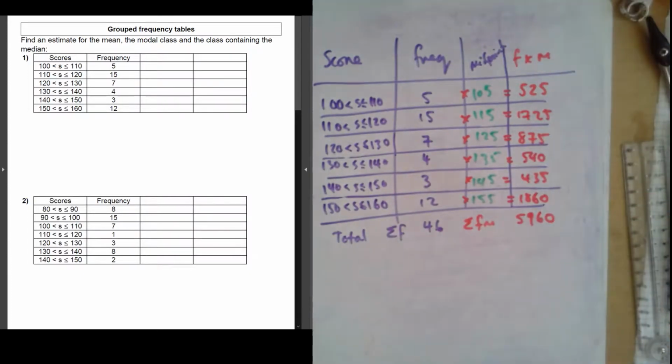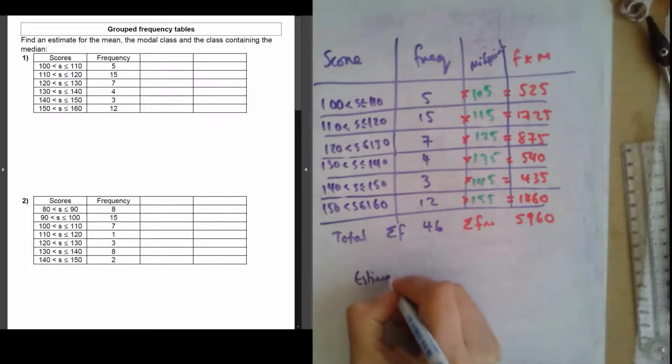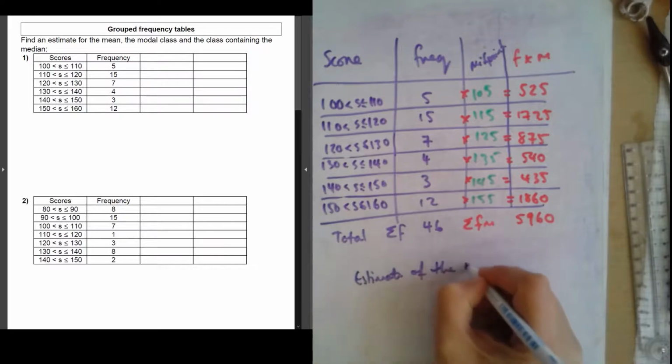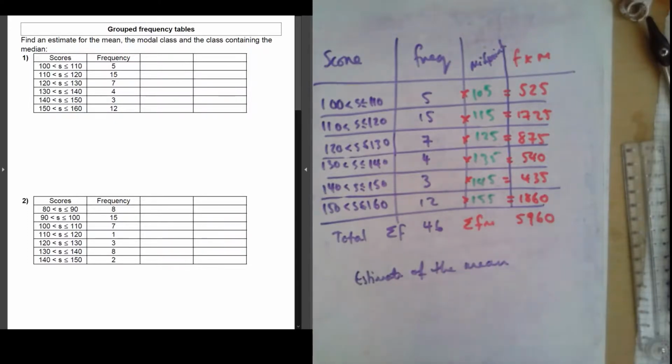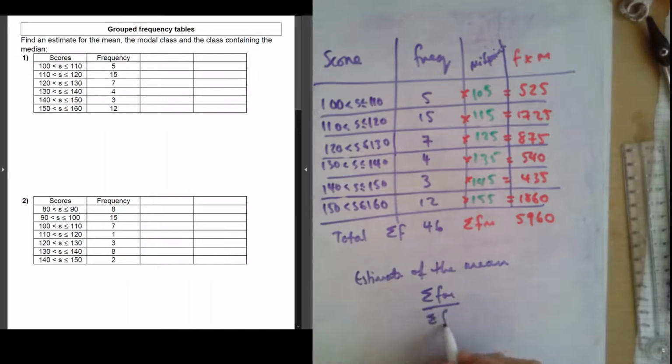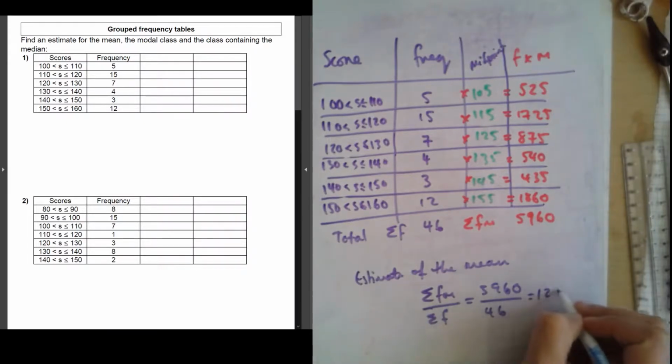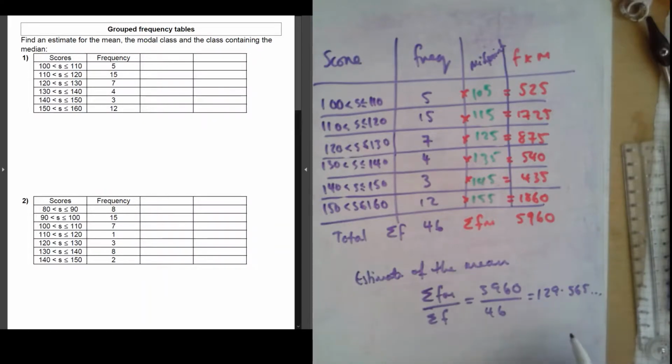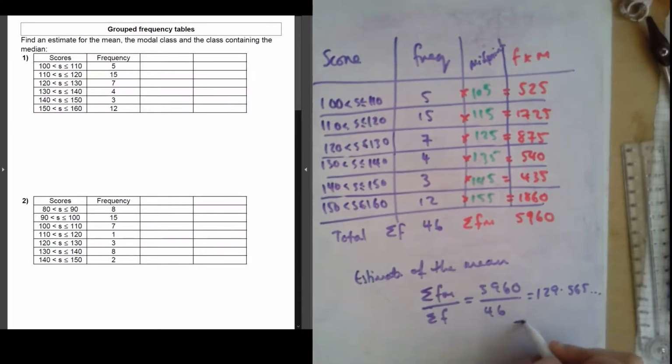Okay, so in order to find the actual mean, so this estimate of the mean would be the total estimated score, which is your sum of FM, divided by the total number of students, which is your sum of F. So that's 5960 divided by 46, which is 129.565... Okay, I'm just going to do it to the nearest whole number.